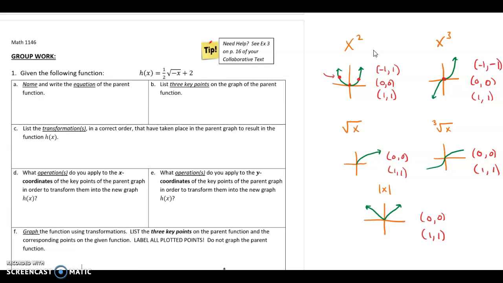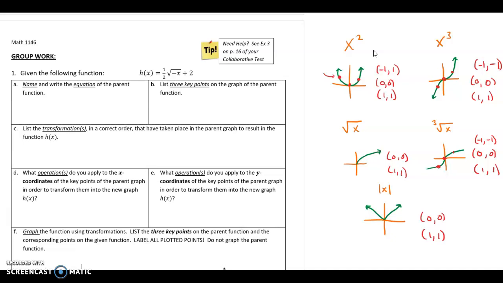We can see we have the (0, 0), (1, 1), and then our third key point is (-1, -1). Cube root of x, I'll do the square root one here in a second. Cube root of x, also (0, 0), (1, 1), and (-1, -1), because the cube root of -1 is -1.